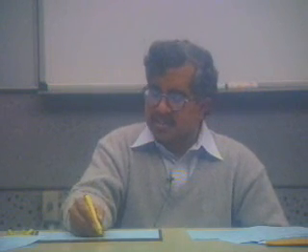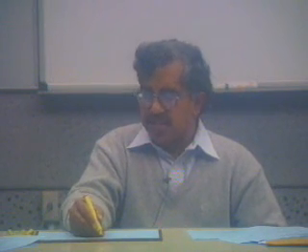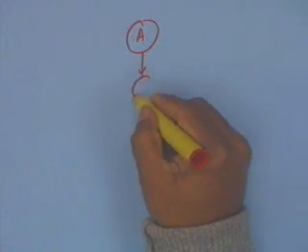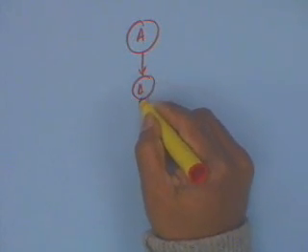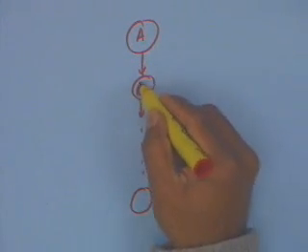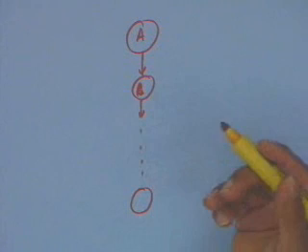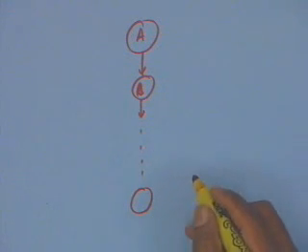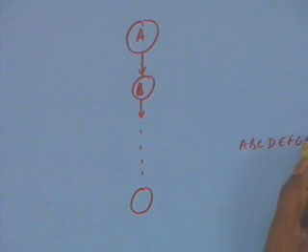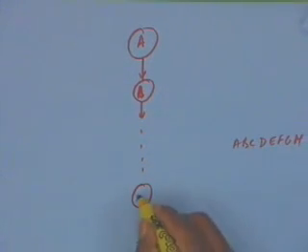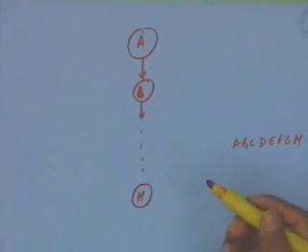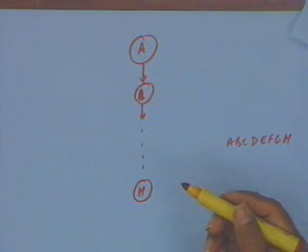But in this case, I start from some state, let us say A, and there will be a sequence of states A, B, C, D, E, F, G, H, up to state H, which corresponds to the sequence of bits that you really require for detecting 8 bits.